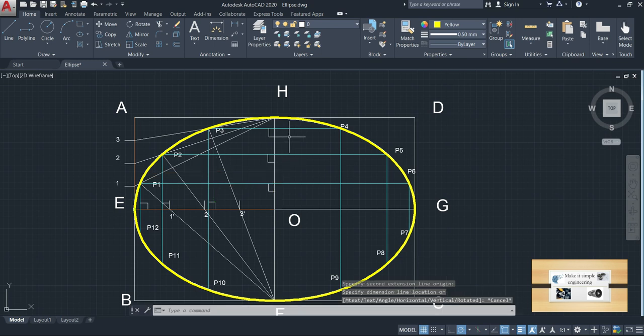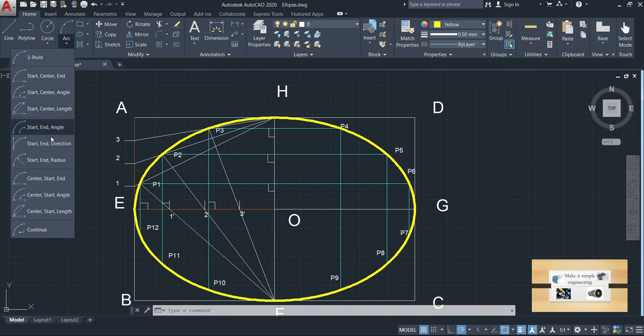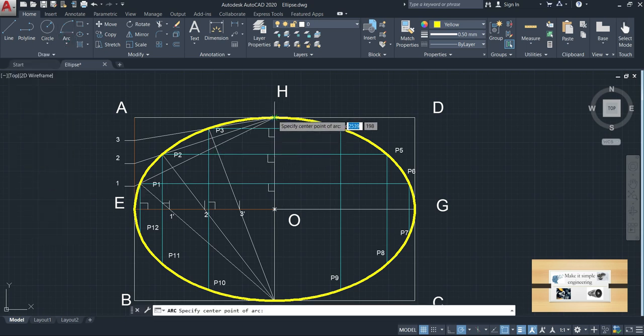So you have to measure 60 mm with a compass and mark an arc with center H on the line EO. So you have to mark an arc from center H to the line EO with a distance equal to 60 mm.